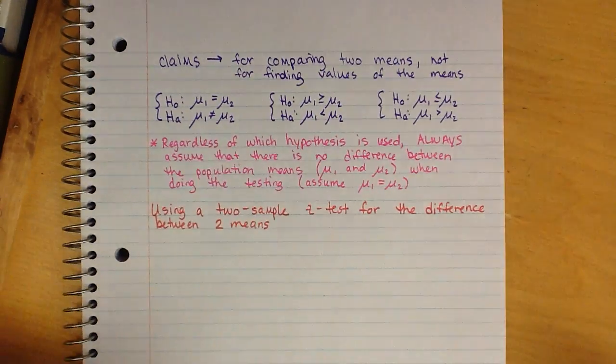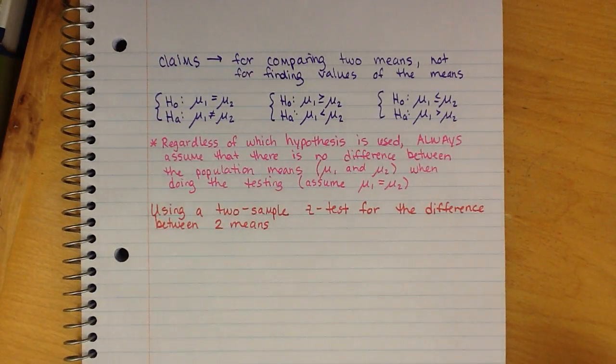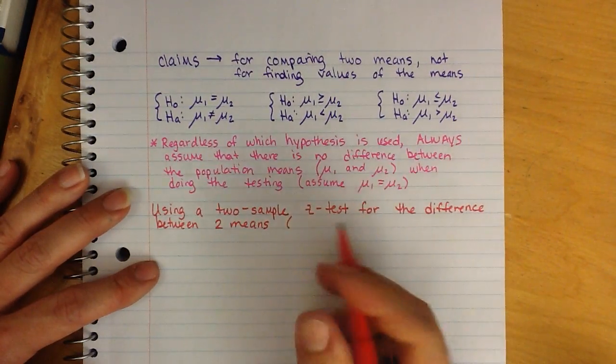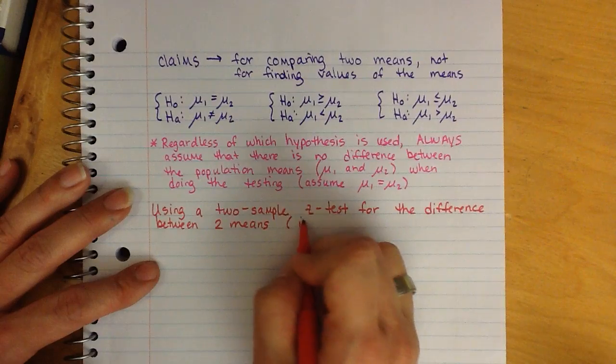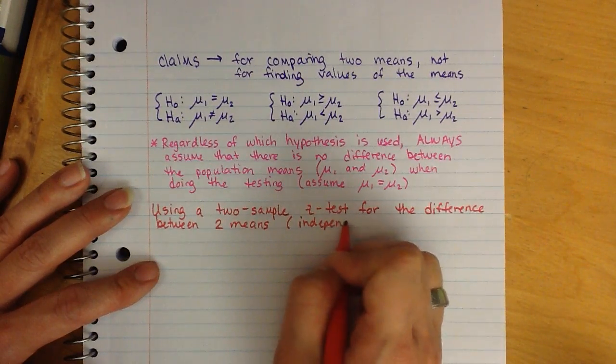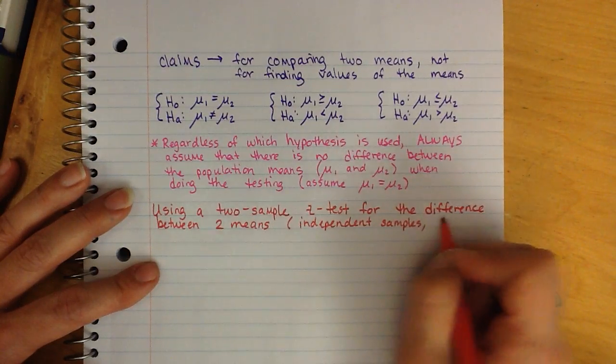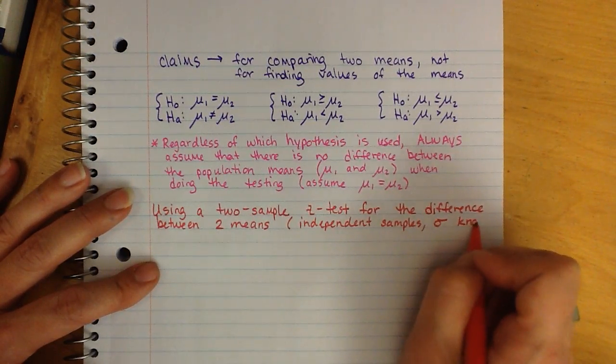And just like in chapter 7, when we're doing hypothesis testing for means with a z-test, that means that we know sigma. So this is going to be for independent samples when sigma is known.